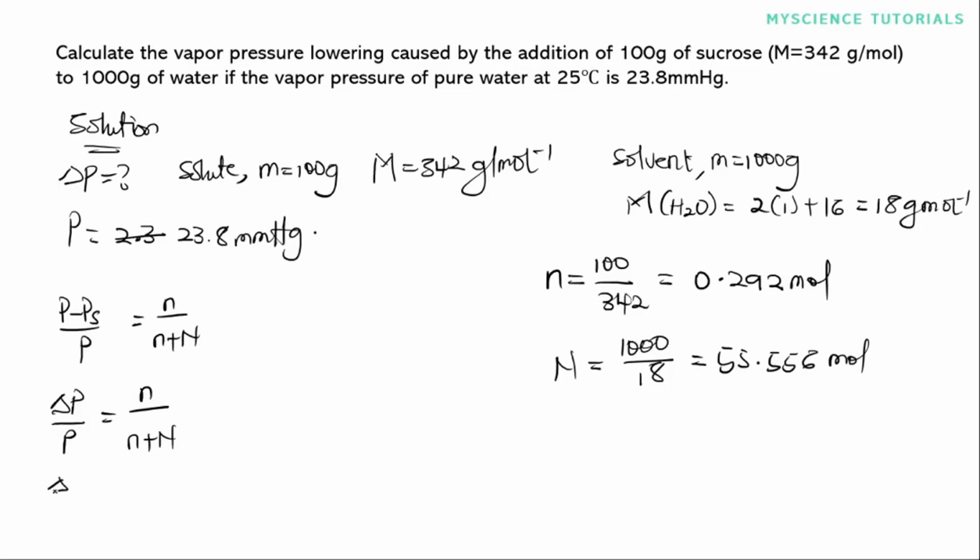So from here we can simply find our delta P. We know delta P divided by 23.8 is equal to 0.292 over 0.292 plus 55.556.